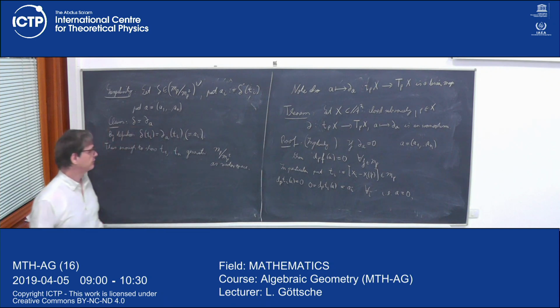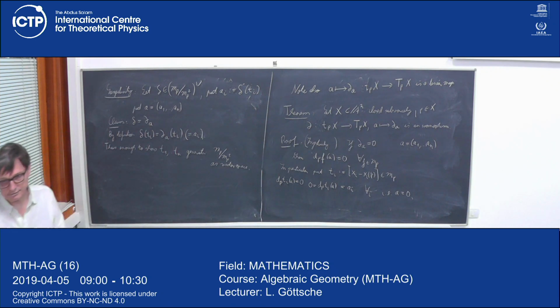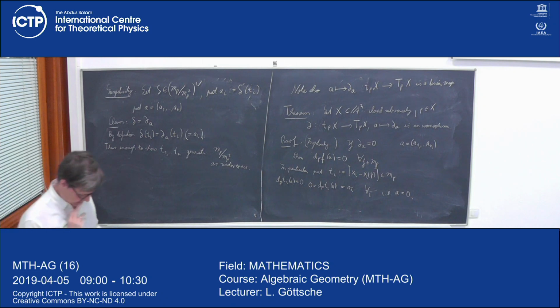If I have linear maps which coincide on generating sets, then they are equal.